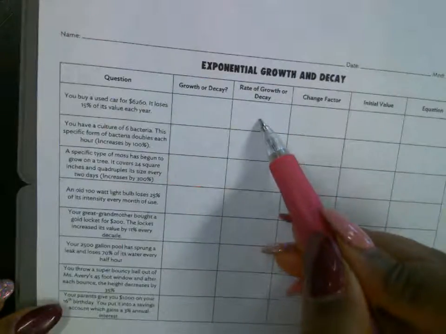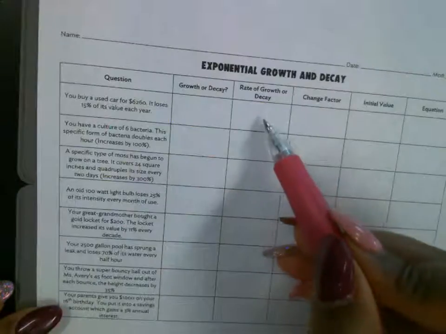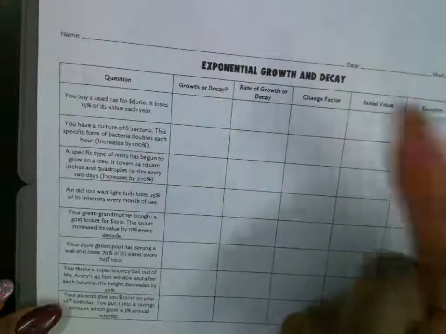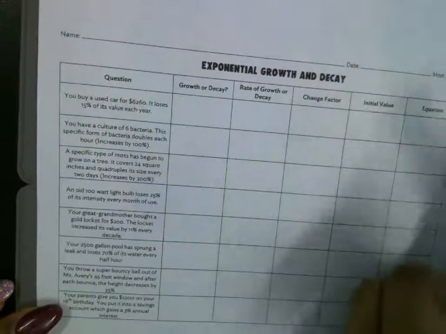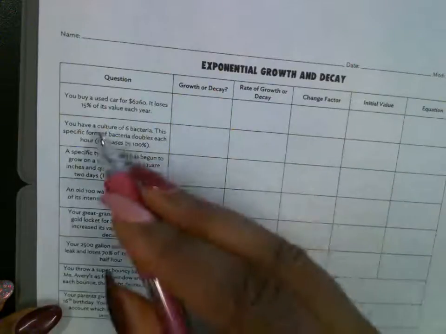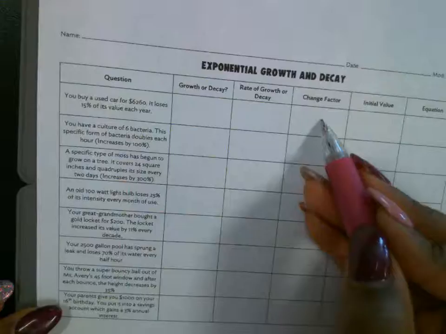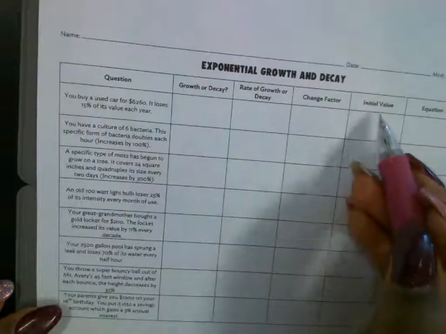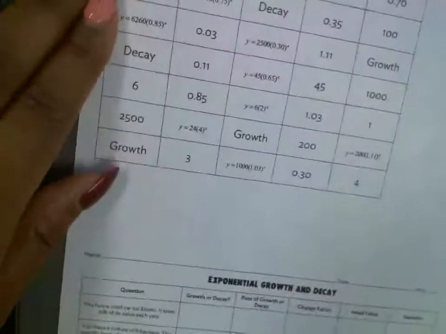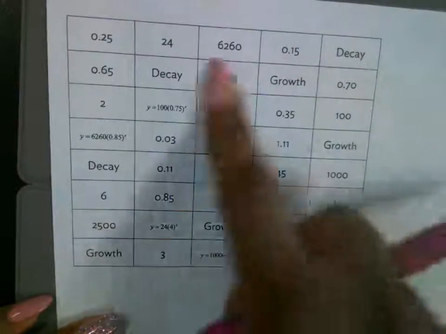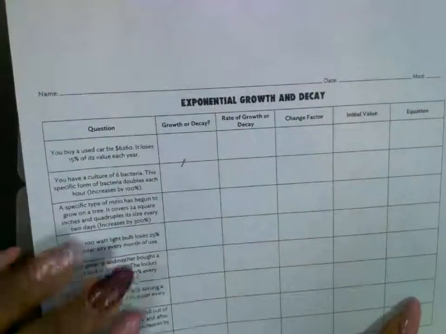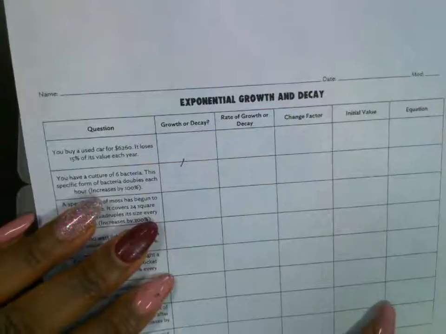I told you how to find it. You're either going to use B is equal to 1 plus R, or B is equal to 1 minus R, to find the change factor. Whatever your B is, and the initial value is your starting amount, you take these two amounts to write your equation. The numbers and the answers are up here, so you cut these out and paste them where they belong down here. Questions, comments, or concerns?